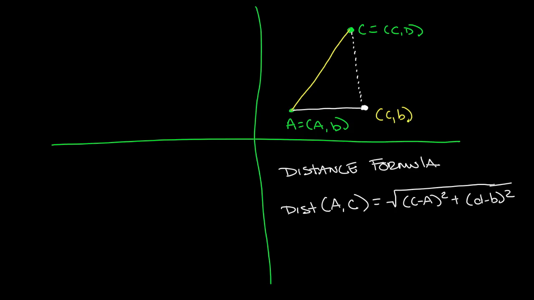Therefore, the length of this is c minus a, and the length of this is d minus b. So we have a right triangle with side lengths c minus a and d minus b. Therefore, the length of this hypotenuse, the distance between A and C, is given by this formula down here.